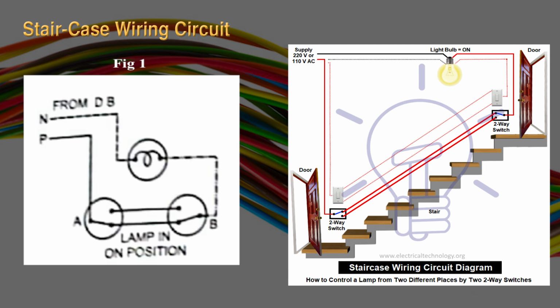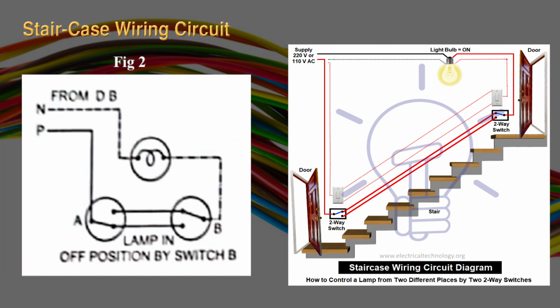Now suppose you want to switch off the light by switch B. In figure 2, when you operate switch B, the circuit will be disconnected and the light will be off.